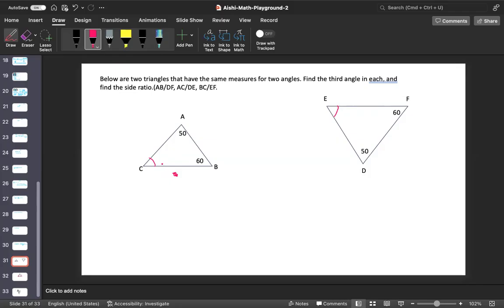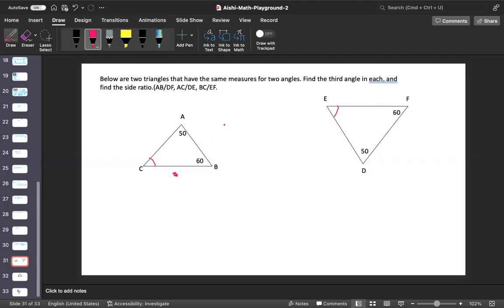So notice how ABC is just a flipped over version of DEF, and it's a little smaller.